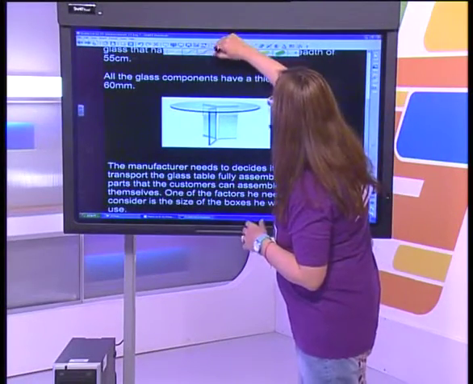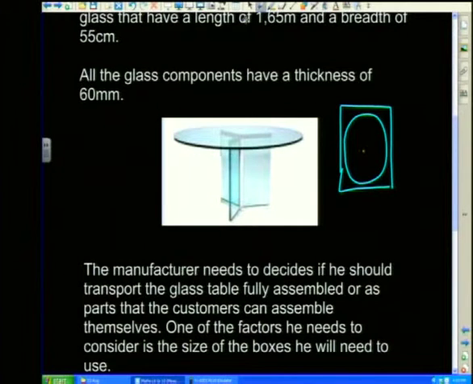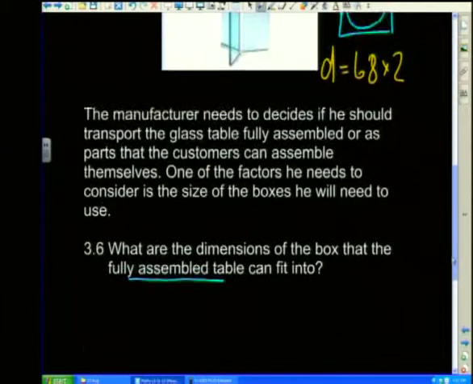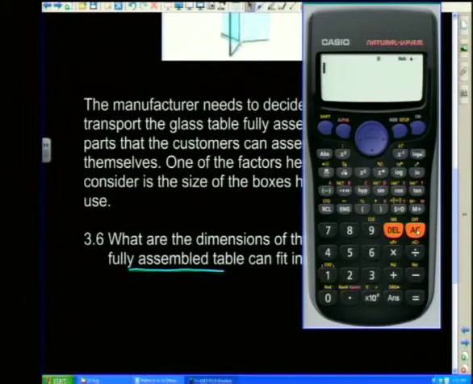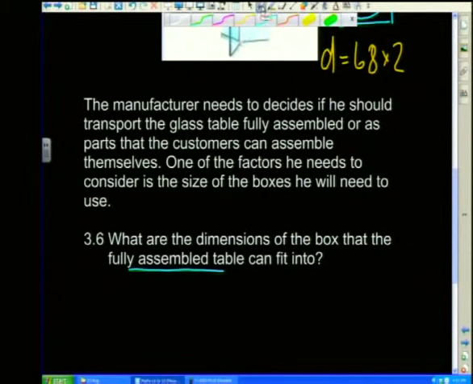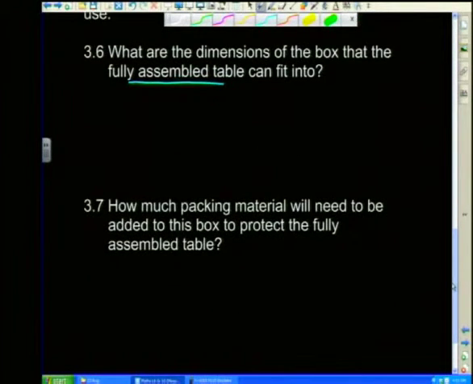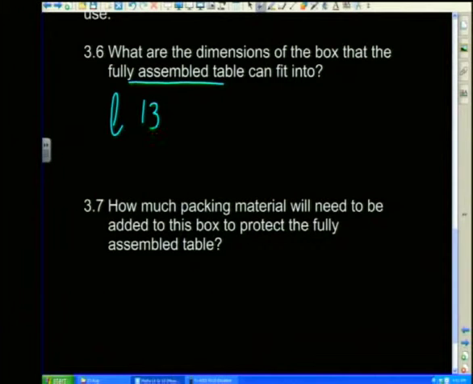I know that my radius was 68, so my diameter is 68 times 2, which is going to give me 136. So let's draw our box here. We need a length of 136 centimeters.